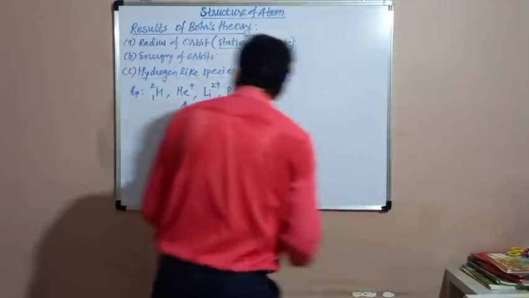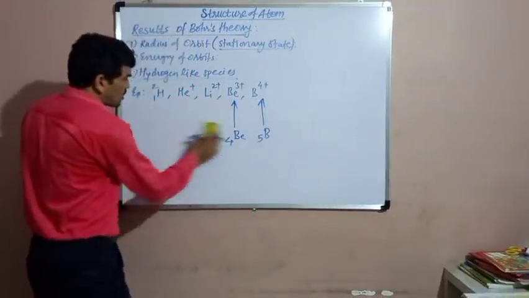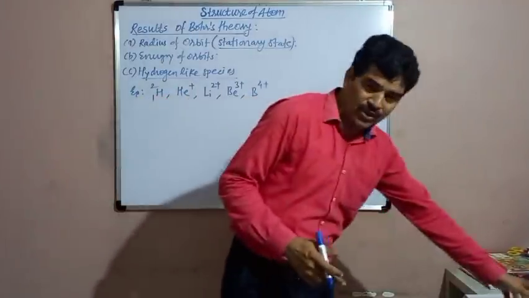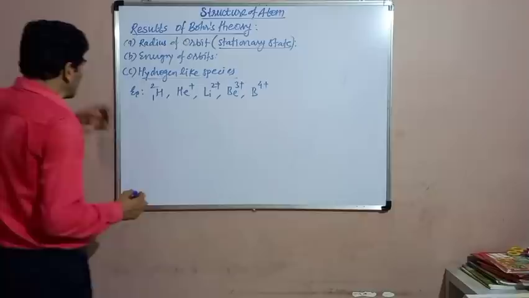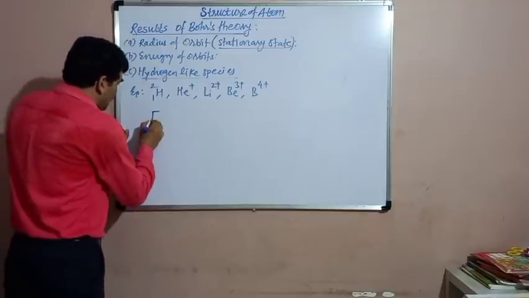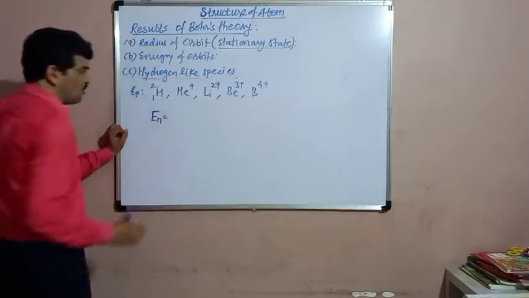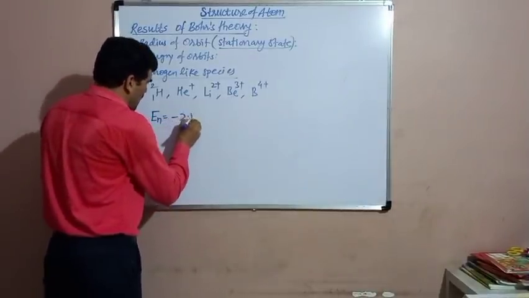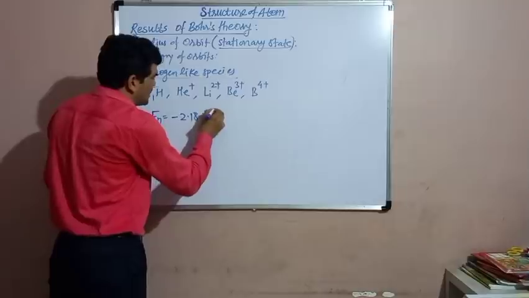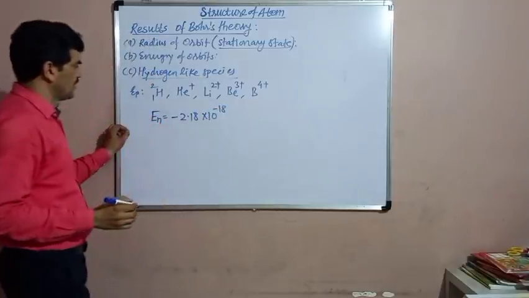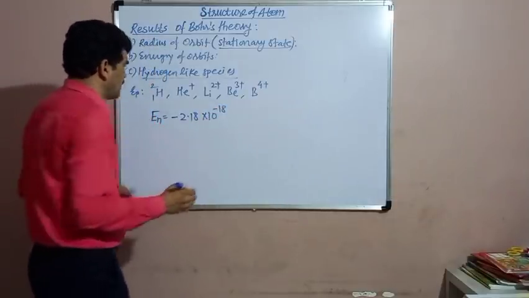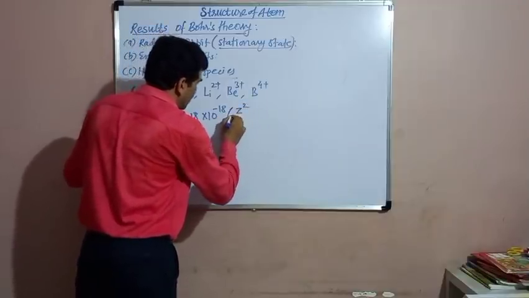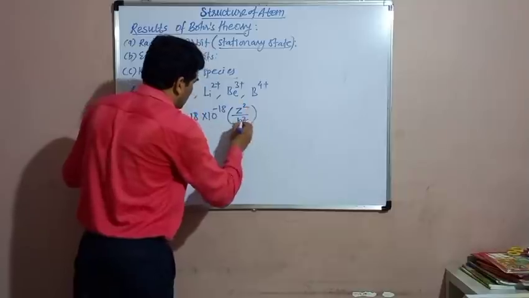Now see here how we can apply Bohr's theory to the hydrogen-like species. In hydrogen-like species, the energy of the orbit is calculated by the formula: energy of orbit equals minus 2.18 into 10 raised to power minus 18 into Z square by n square joules.